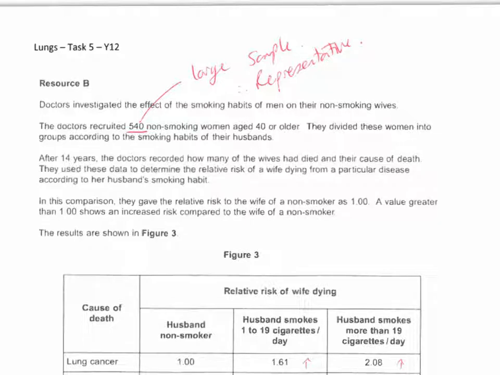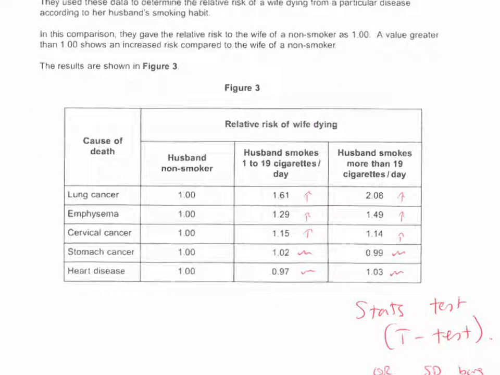And then looking at the data, here is our standard that we can compare to, the non-smokers, given a relative value of 1. And we can see that lung cancer we've got an increase, emphysema we've got an increase, cervical cancer we've got an increase, stomach cancer and heart disease, slight increase, slight decrease, slight decrease, slight increase. But I've done a sort of wiggly line because I'm not really sure you can tell anything from that.